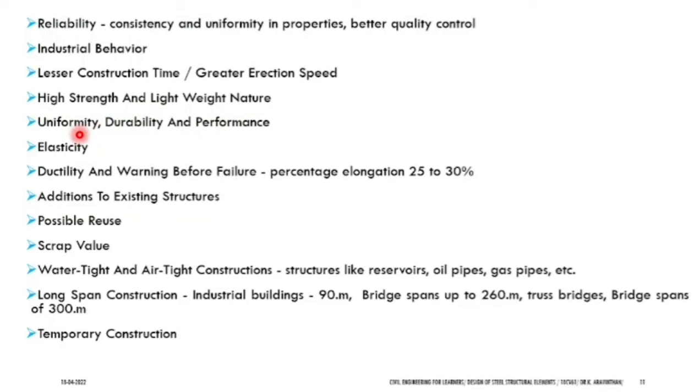Uniformity. When you buy steel a number of times, the quality will not change. But if you are making concrete, can you 100% say that the concrete which you cast in the first batch is equal to the second batch? Manually, if you are doing it, it is not possible. It will vary according to the batch and according to the quality which you maintain.